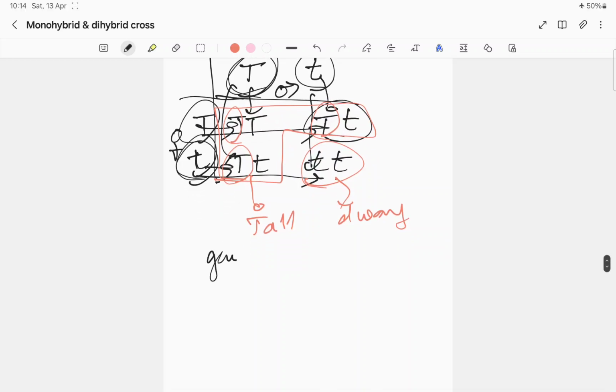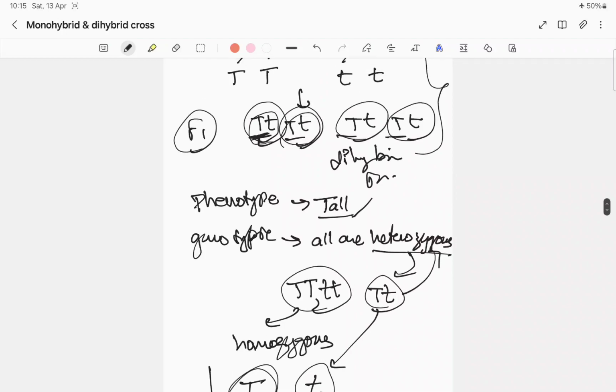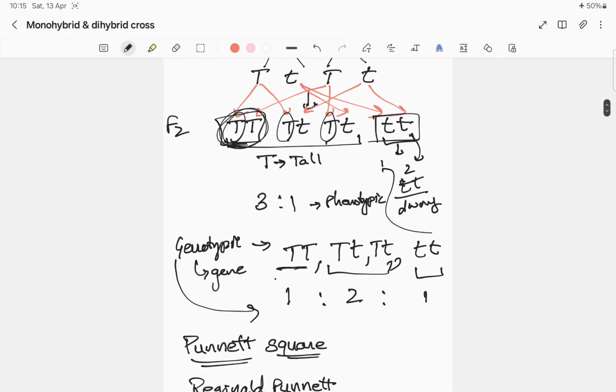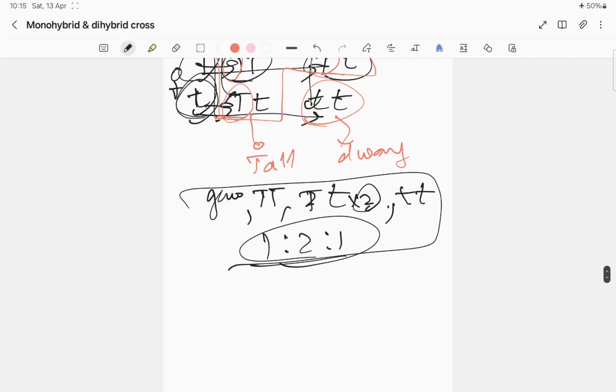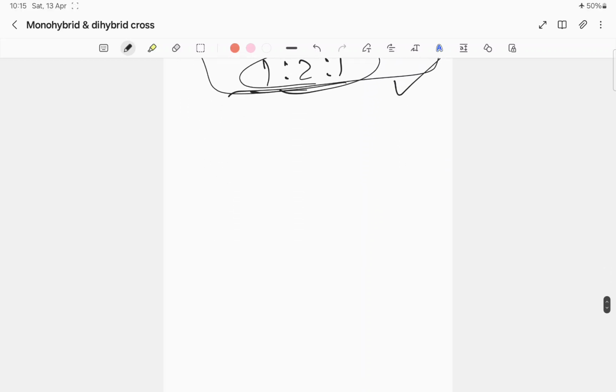And the genotypic ratio will be, this one is having capital T capital T, 2 capital T small t, and 1 small t small t. So it will be the ratio 1:2:1. This is the same ratio that we got here, with this type of crossing. So we get the same results in the Punnett square also. Now let's go into the dihybrid cross.